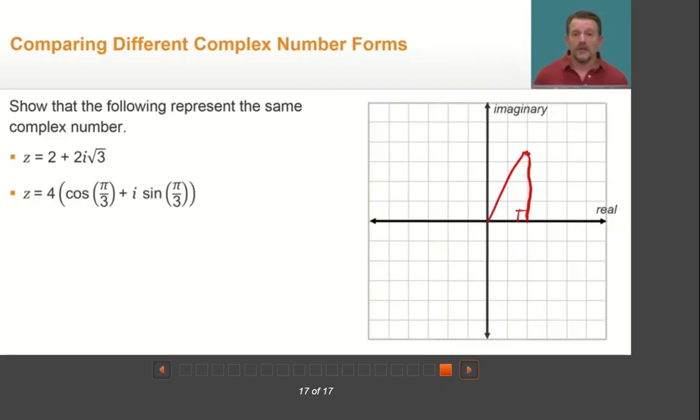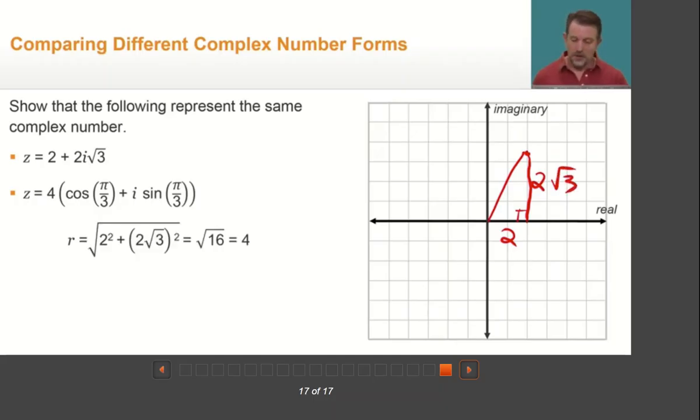Using the Pythagorean theorem, we can see that the hypotenuse is in fact 4 units long. We've got a leg here that's 2 and another leg that's 2 square root of 3. The Pythagorean theorem states that we square each of those, add, take the square root, and we'll get 4. We know that this angle, the counterclockwise one here, theta, is the inverse tangent of 2 square root of 3 over 2, or just square root of 3, since the 2's divide out here.